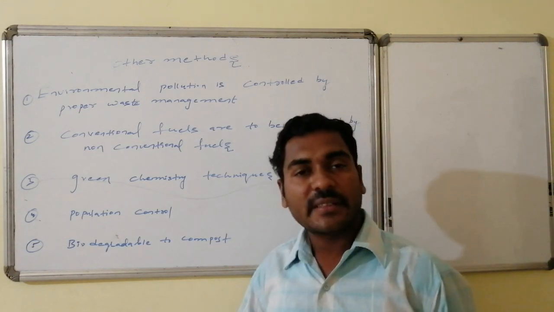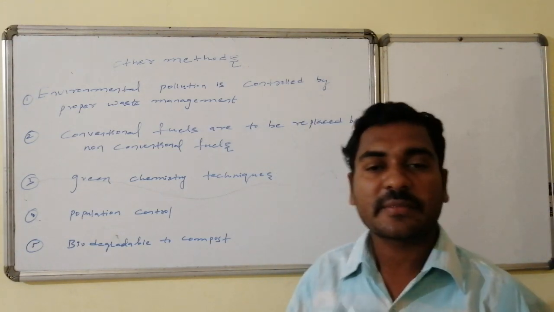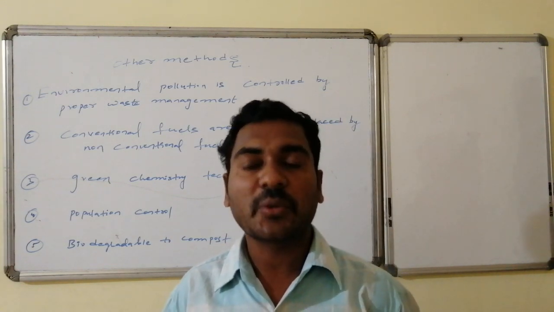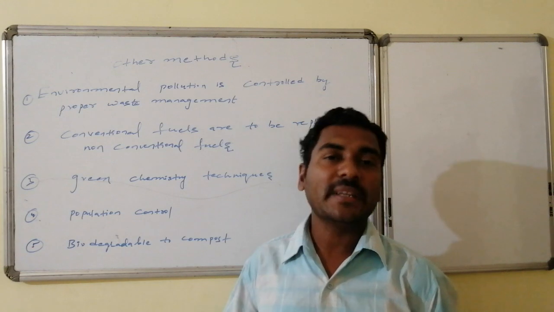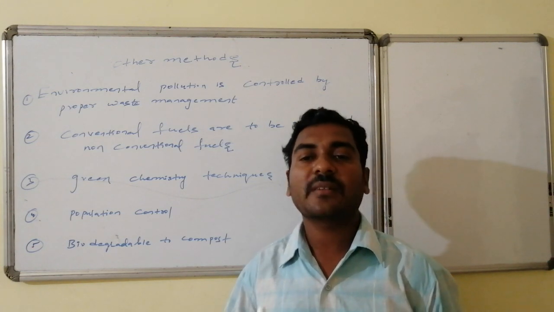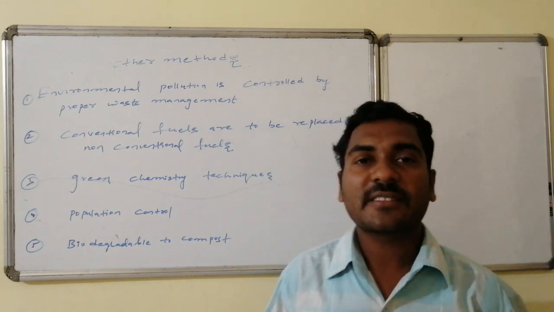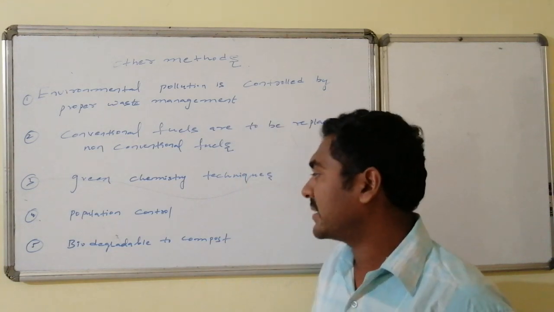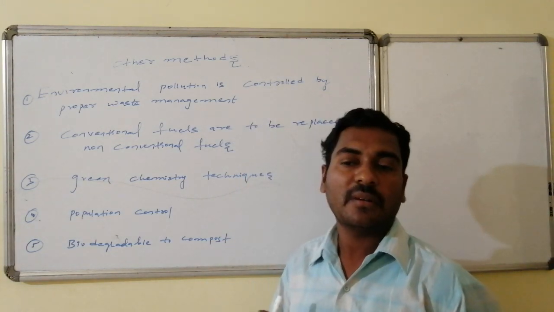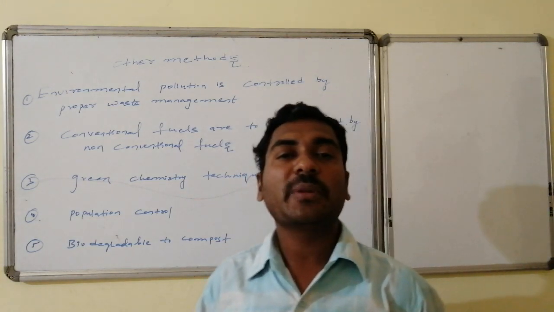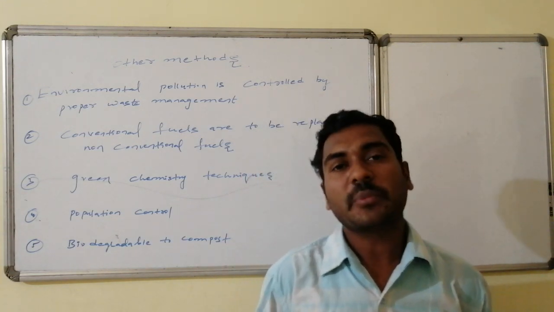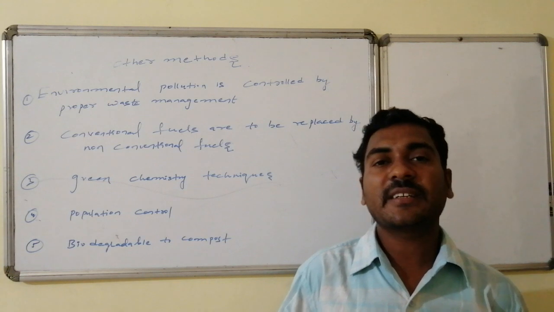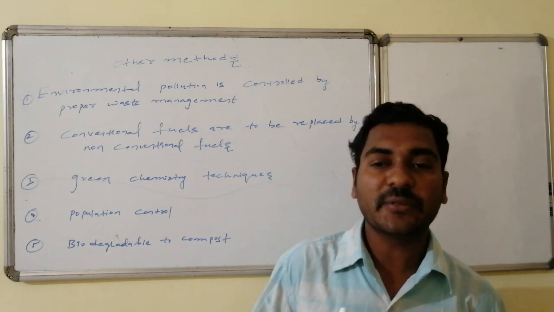And especially for all of these things, high population is a responsibility. Population growth pushes people towards new innovations. Thereby, proper regulation should be there in population maintenance, and all biodegradable pollutants are to be collected and converted to compost. In this way, to a certain extent, pollution can be reduced.